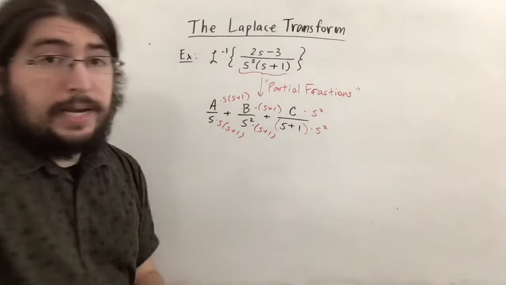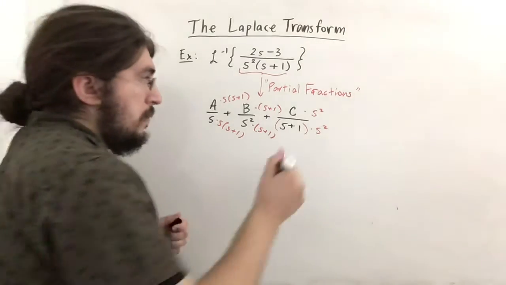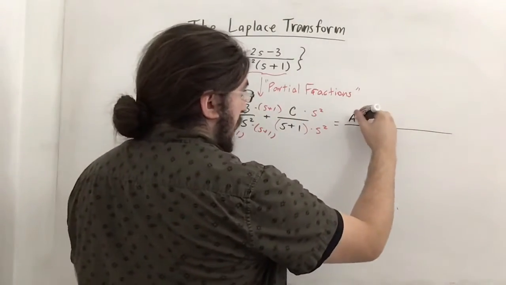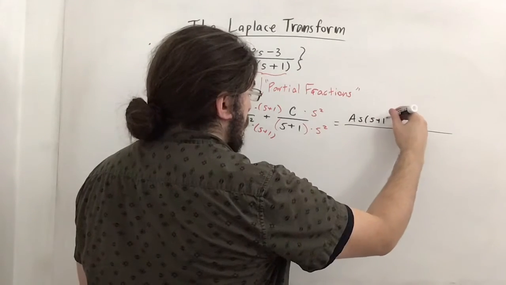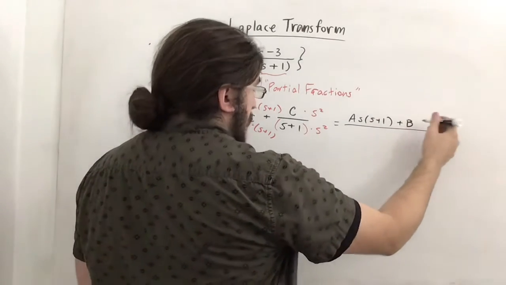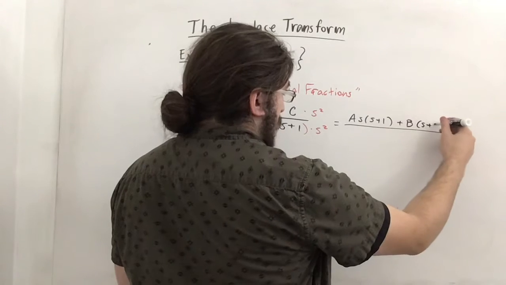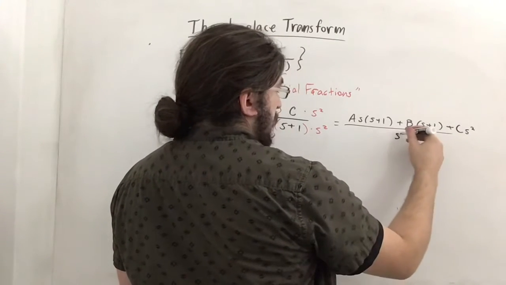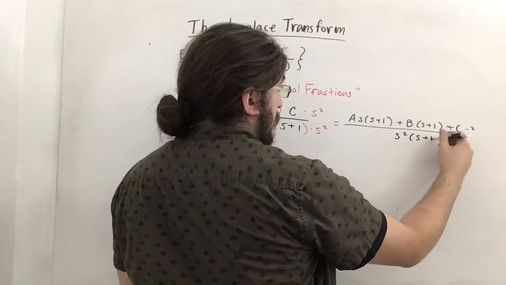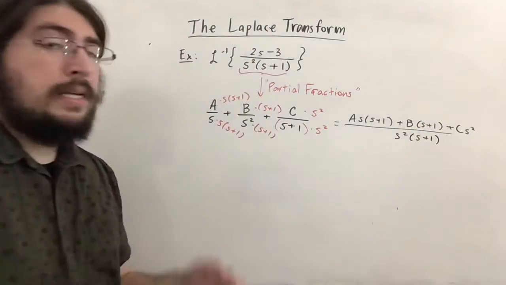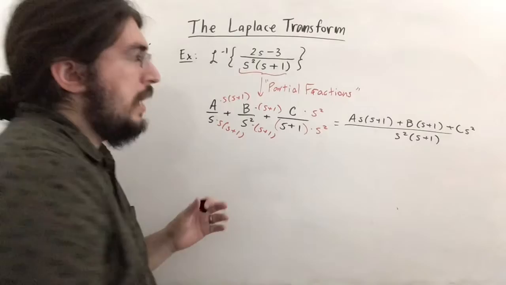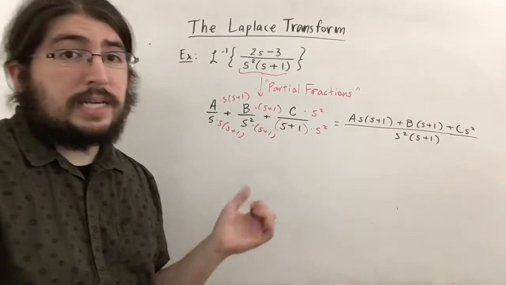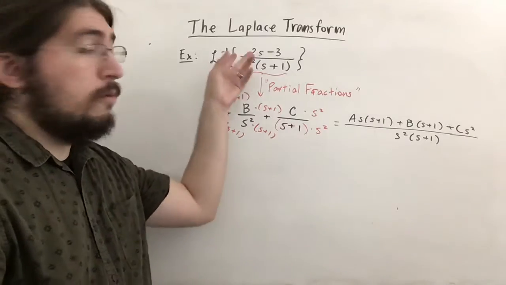Okay, now, great, now that we have that established, we can combine it into one fraction, and what we'll get is, on the top, we'll get a times s plus 1 times b, or plus b, times the quantity s plus 1, plus c times s squared, all divided by the common denominator s squared times s plus 1. Fantastic. Now, in order to actually figure out what a, b, and c are, we have to actually compare this to the original numerator.